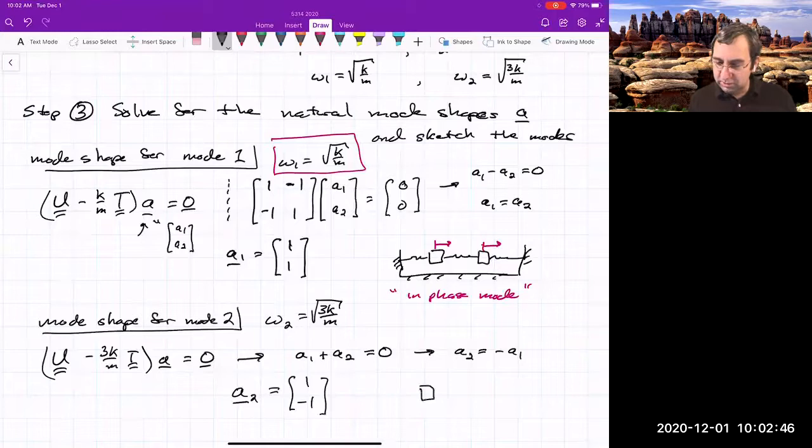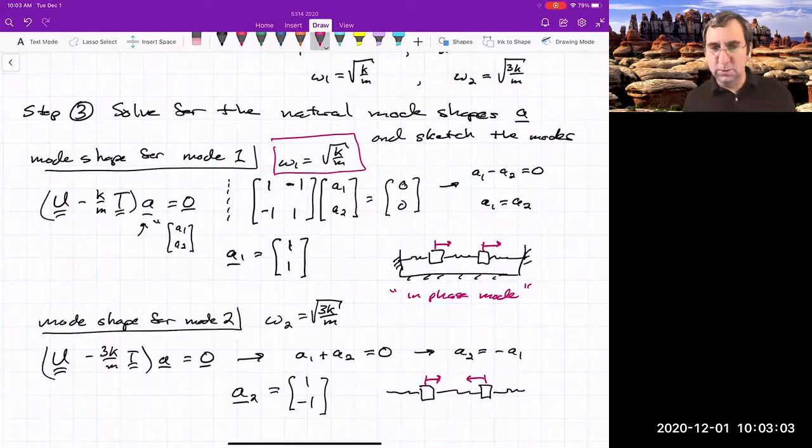In terms of sketching the modes, if Q1 increases to the right, then Q2 decreases the same amount, going to the left.